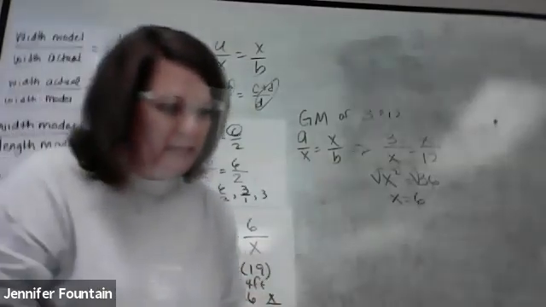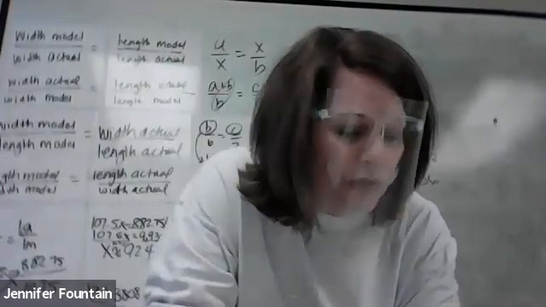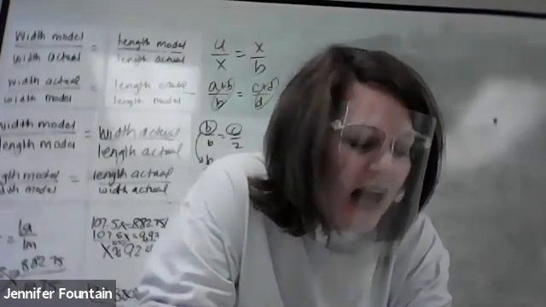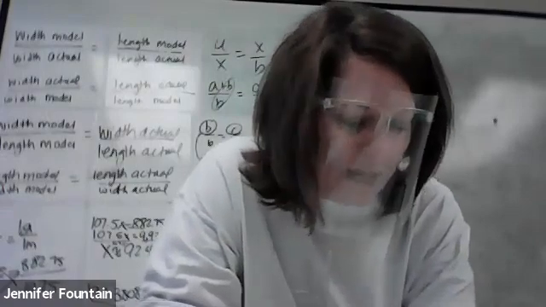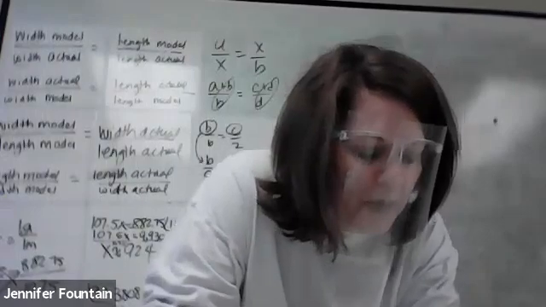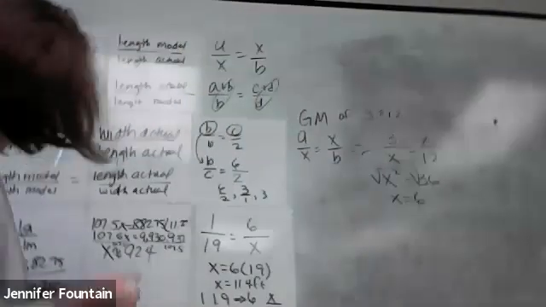Okay, and then finally, number 8, the blue portion of the United States flag is called the Union. What is the ratio of the height of the Union to the height of the flag? So think about this for a minute, okay? If we're talking about the height of the Union to the height of the flag.